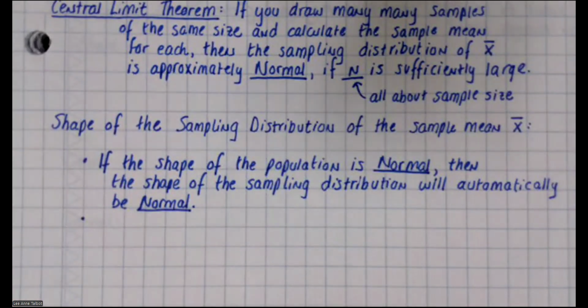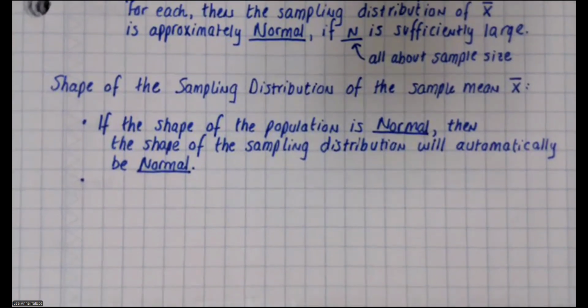This is the one that I did first, that I said was very uneventful. The original population was normal, so the sampling distribution ended up being normal. Not fascinating. You kind of expect that to happen.